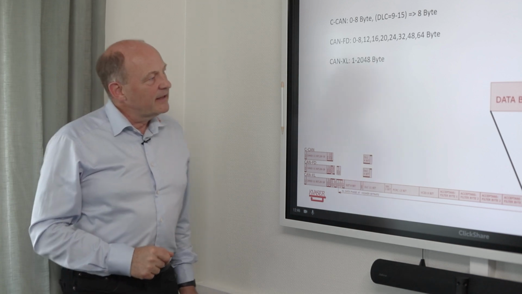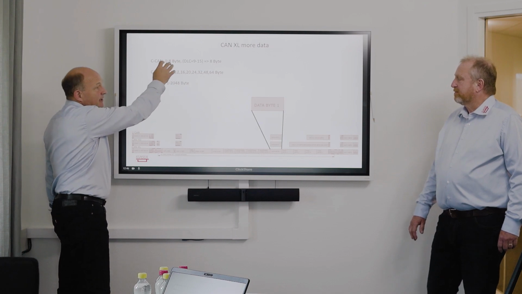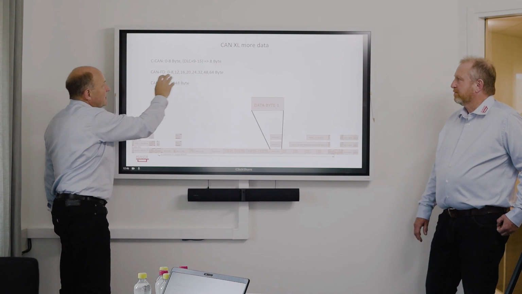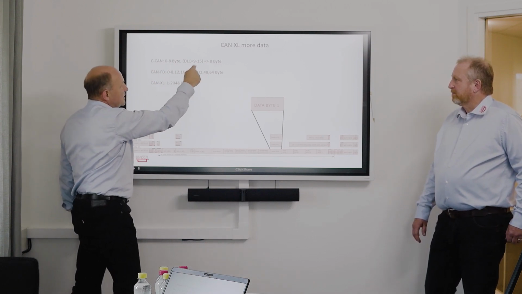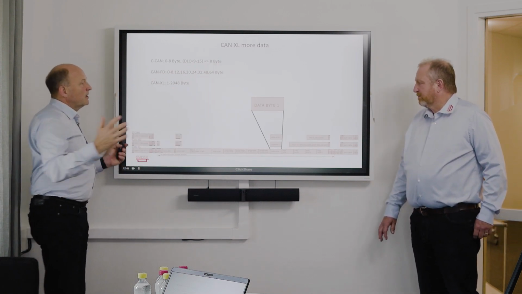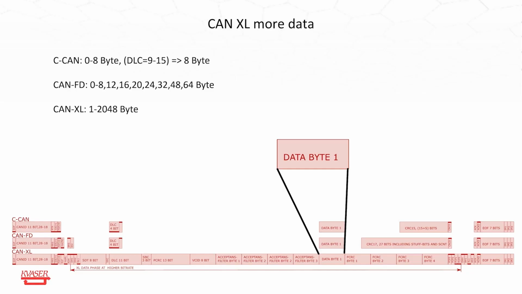Yes, I agree. And it's linear again. Classical CAN was linear, 0 to 8, but limited to 8 bytes. CAN-FD was 0 to 8 linear in the beginning, but then you have these 12, 16, 20, 24, 32 to 64. But in CAN-XL, you can match your CAN frame to the actual data format from 1 to 2048.